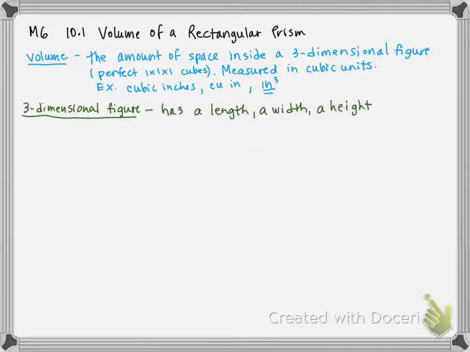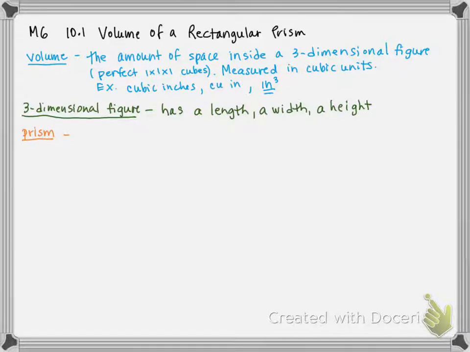What role do each of these play? Let's talk about the word prism. What is a prism? We have different three-dimensional shapes, and we're only going to focus in on prisms, but you'll also learn about pyramids as well, which you studied when you were studying ancient Egypt.